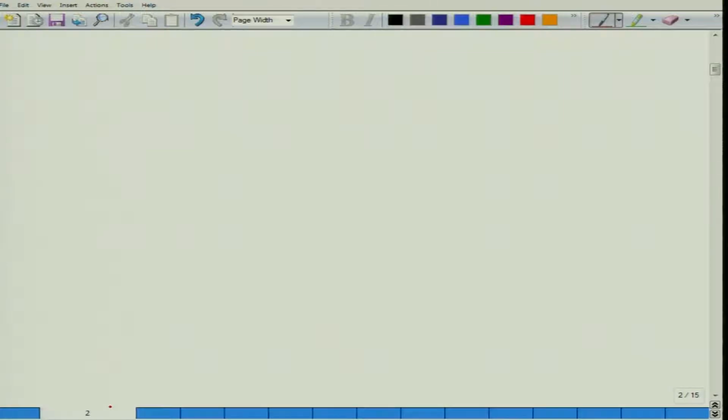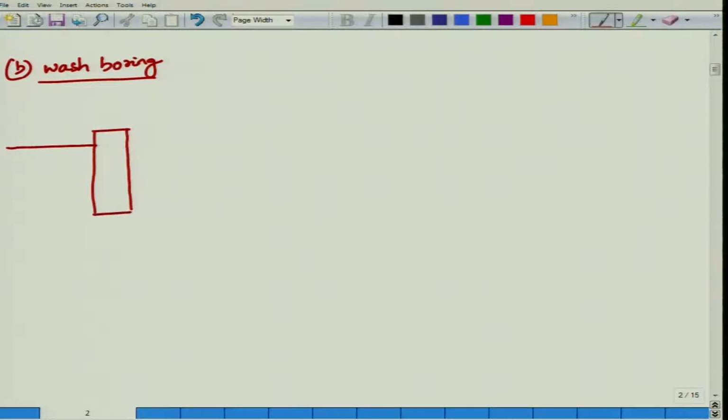Now, go to wash boring. The second technique is wash boring. In wash boring, let me draw this diagram, then you can have some idea.